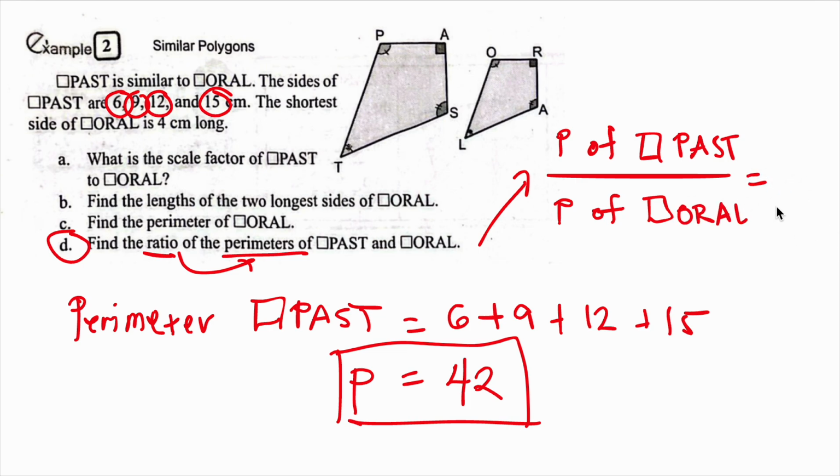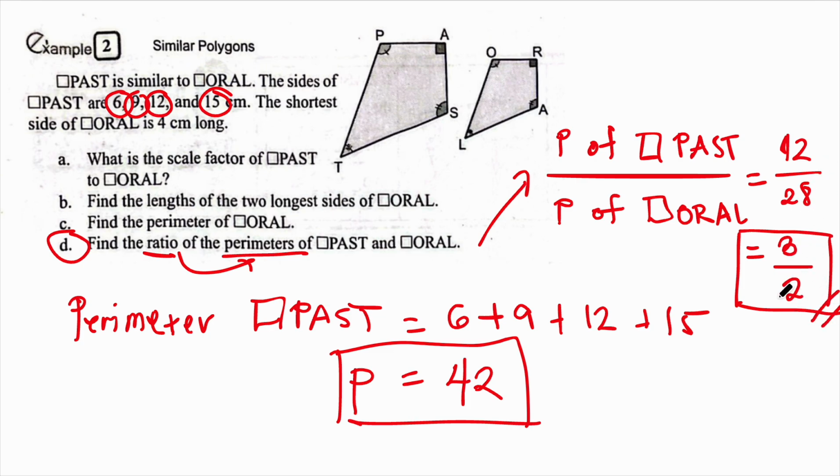Okay. So we all know that the past would be 42 and the oral is 28. Getting the lowest term of these two numbers, the final answer would be 3 over 2. This is the lowest term of 42 over 28. Go ahead and simplify, no? You will get the same answer as I write here.